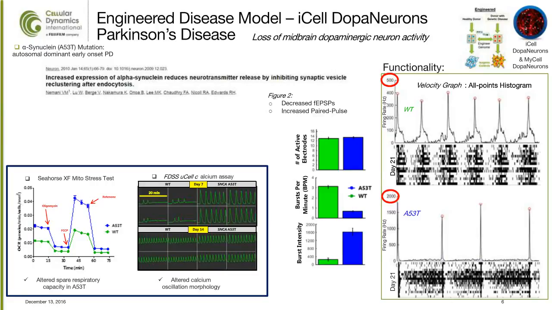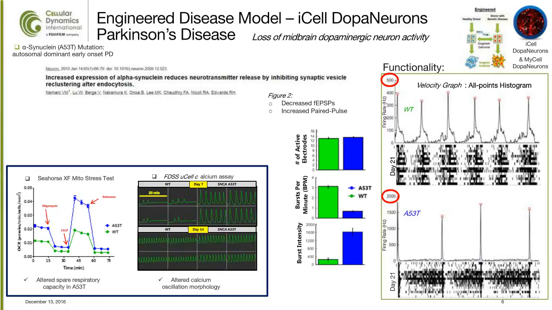Jumping into one of these publications a little bit deeper, we can see that in Figure 2 of the paper from Namani, increased expression of alpha-synuclein reduces neurotransmitter release by inhibiting synaptic vesicle reclustering after exocytosis.